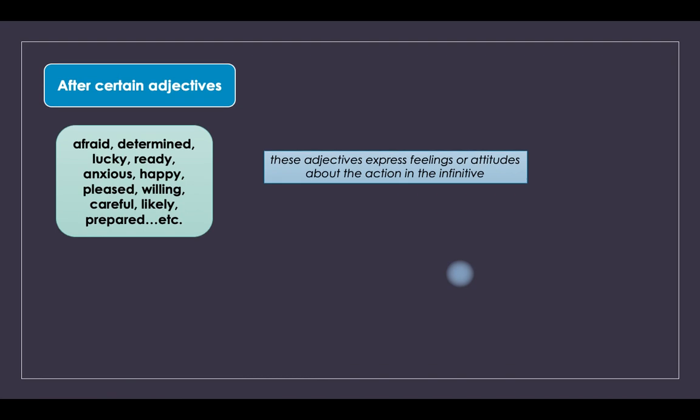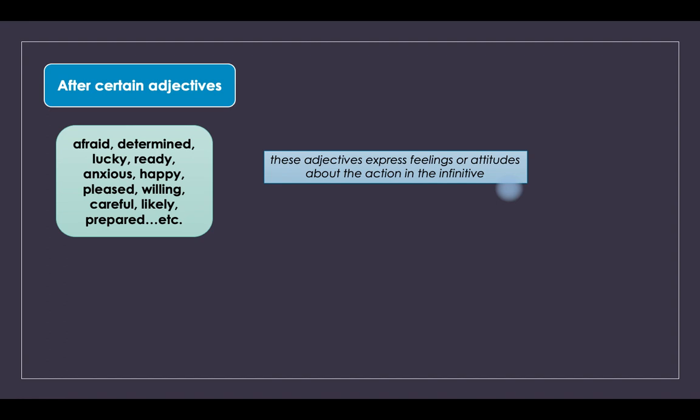Adjectives. We use infinitives after certain adjectives, such as afraid, determined, anxious, pleased, careful, prepared. These adjectives express feelings or attitudes about the action in the infinitive. Usually they are connected with feelings.